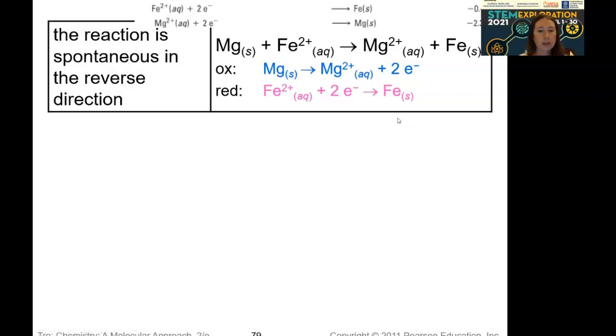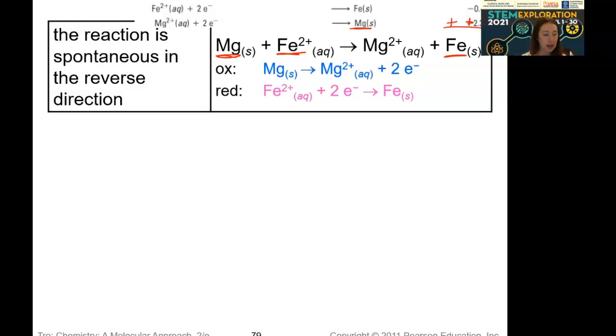Okay, so here are the reduction potentials again. If we look at this, our Mg is now in our product, so it's flipped, so this is now a positive. Our iron is now written in the reduction direction, so this stays negative 0.45.